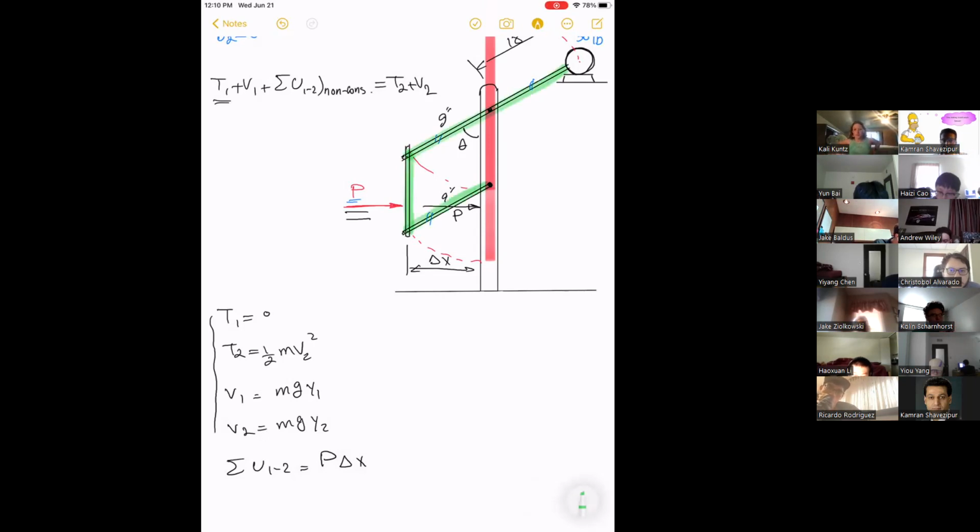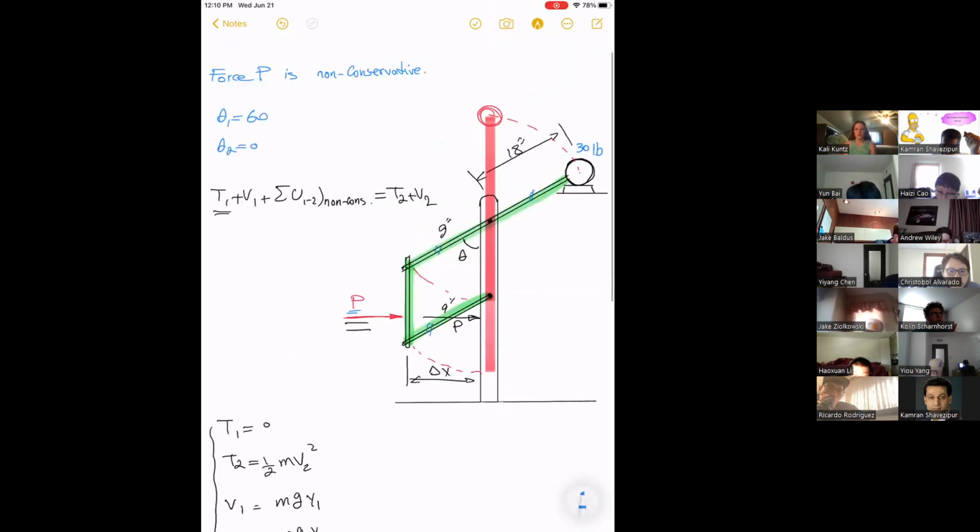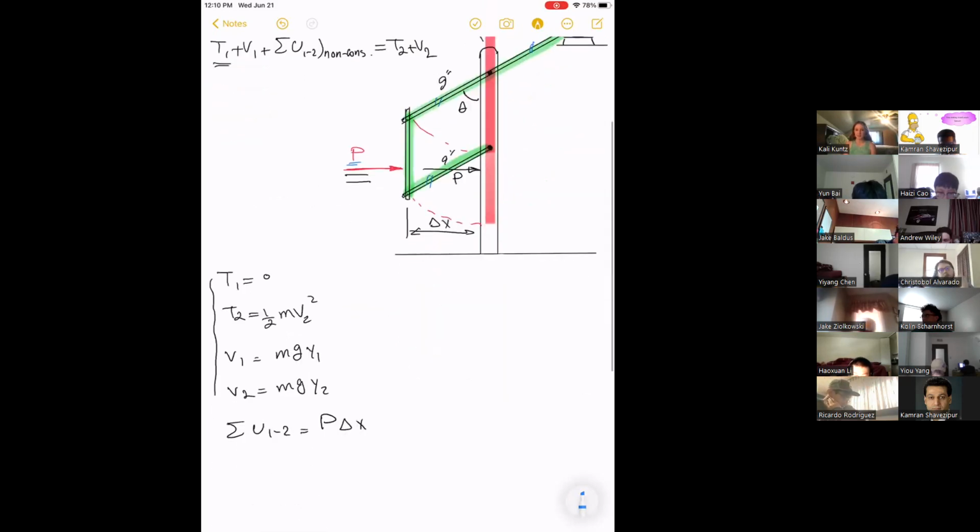The only thing that has mass is the ball, right? Goes from here to here. So we neglect the mass of the green rods or bars. Any question about these 5 terms? Let's find them one by one.